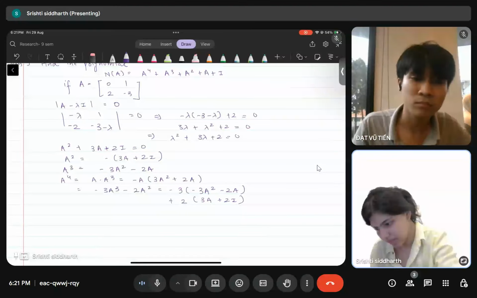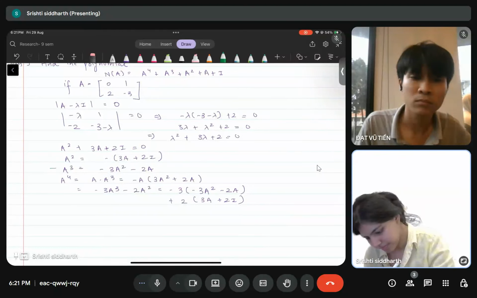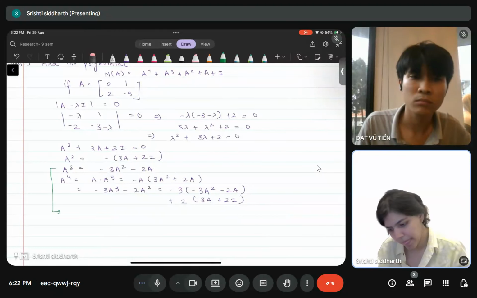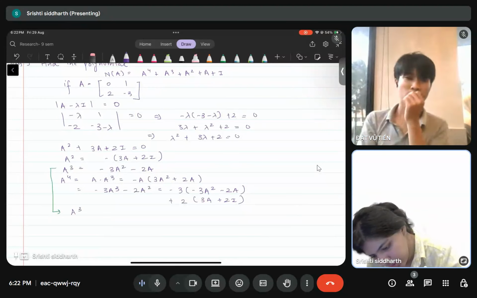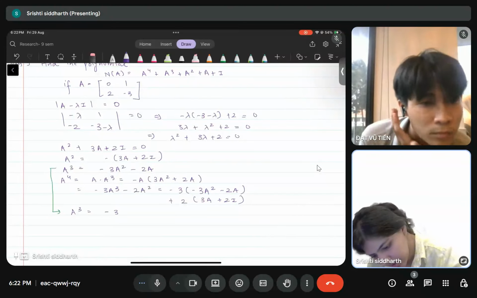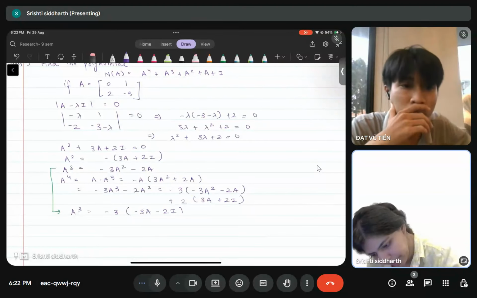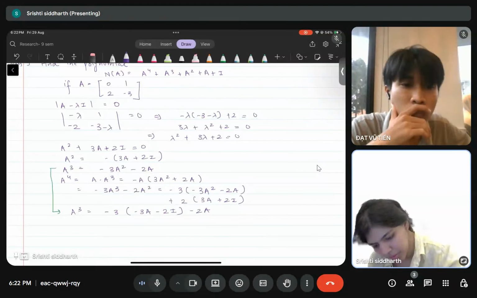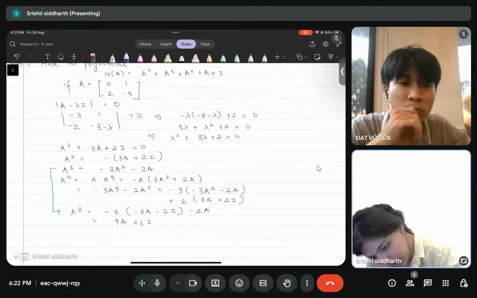So actually, let me do that first. A cubed is 3 times 3A plus 2I plus 2A. So this will be simpler. So this becomes 9A plus 6I plus 2A.